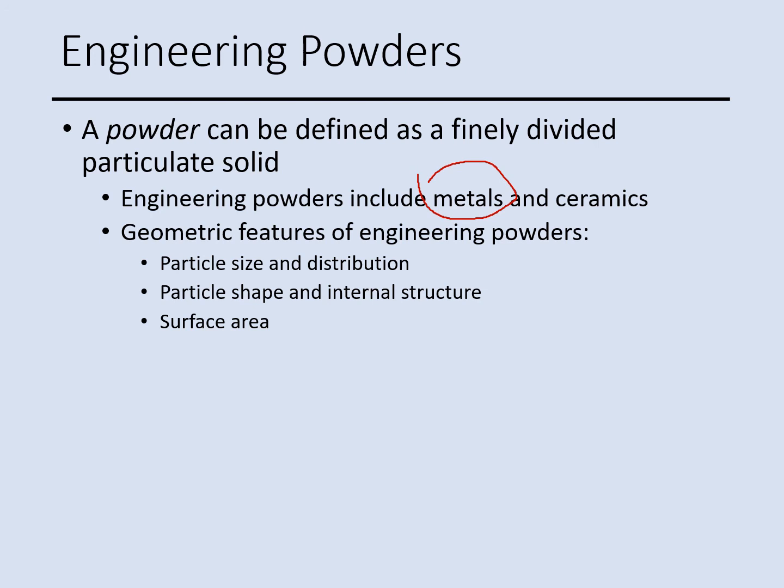And there are some geometric features for the powders that are important for the process, like particle size and its distribution, the particle shape, the internal structure of the particle or the single powder, and the surface area of the particle.